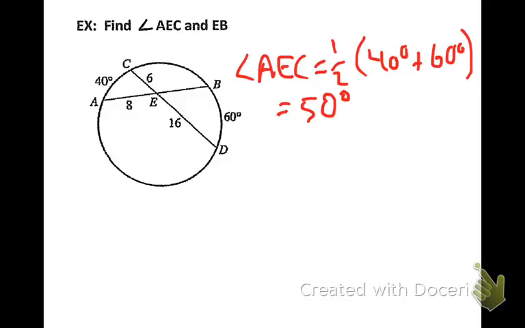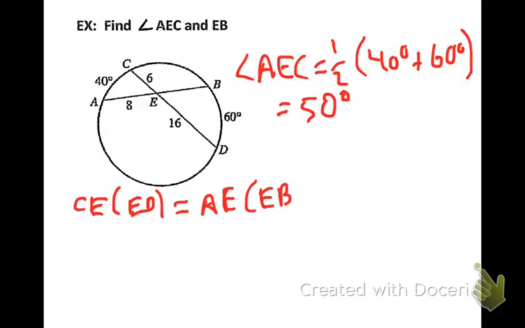All right, how about finding EB? How would I find EB? Ben? You would take CE times ED would equal AE times EB. Yes. We can say CE times ED is equal to AE times EB. Right?